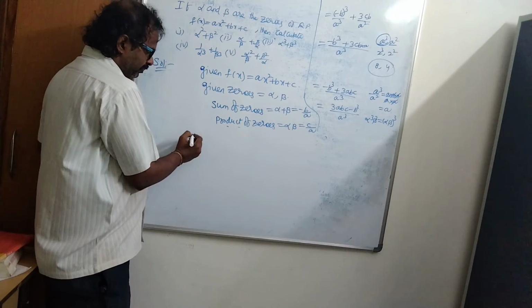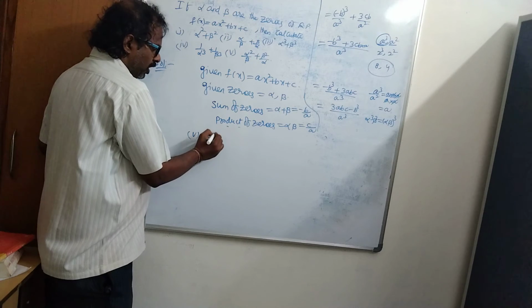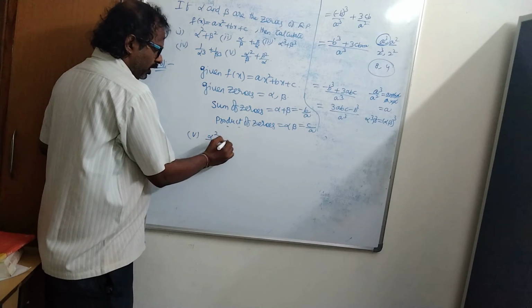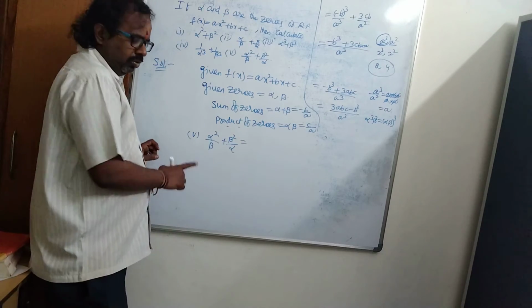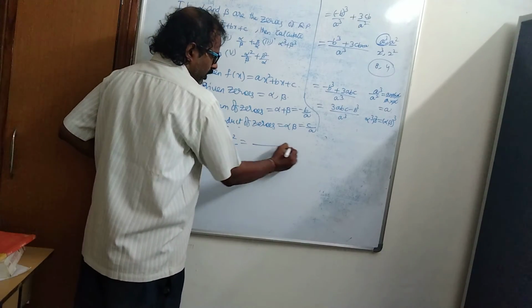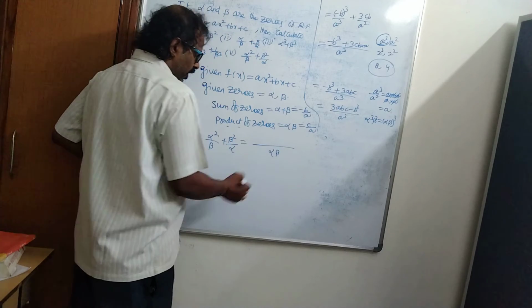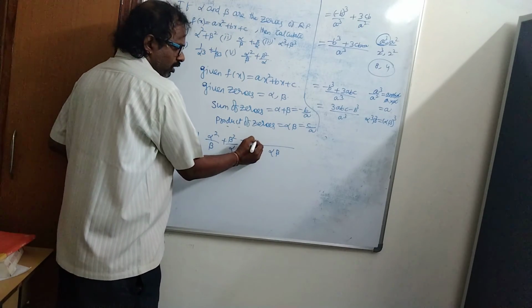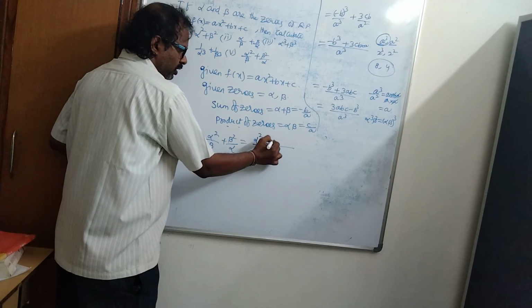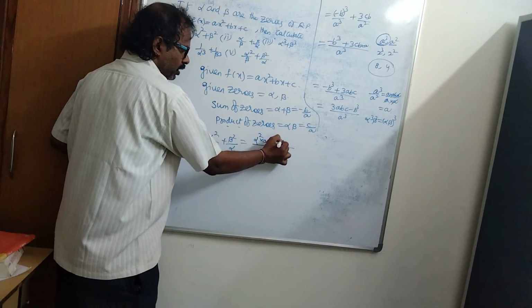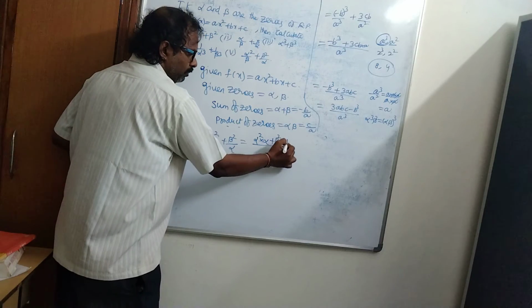Now fifth one, alpha square by beta plus beta square by alpha. Now take the LCM of alpha and beta. So we get alpha beta. Here alpha square will be multiplied with alpha, and beta square will be multiplied with beta.